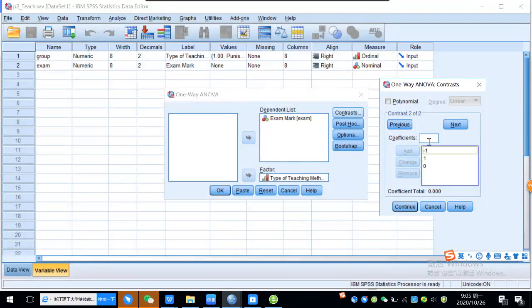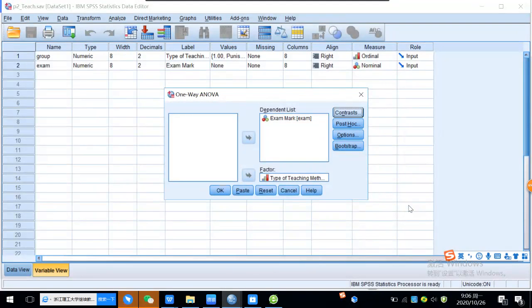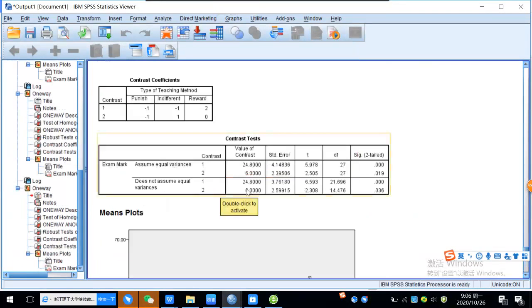Then here I add minus 1 for punishment, 1 for indifferent, 0 for reward. Continue. Okay, let's look here. Minus 1, 1, 0. Then here is contrast 1, right? We already analyzed it. And this is the second hypothesis.